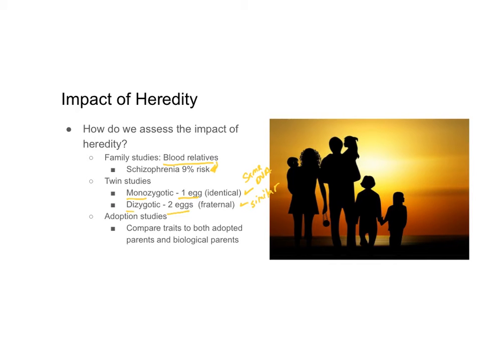We also love it when we can do adoption studies because this can let us know the difference between your biology, so whether it is nature or nurture. So, do you have these traits because of the genetics that you were born with or because of the environment that you were raised in?